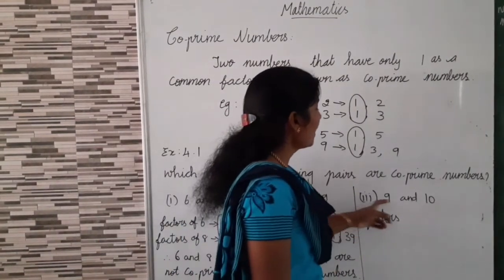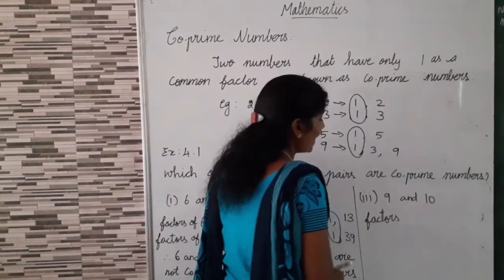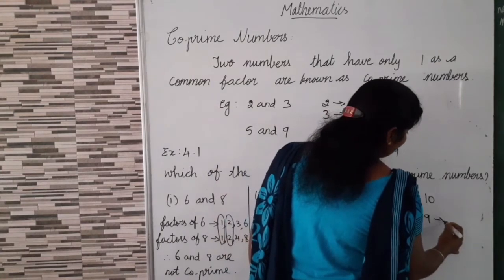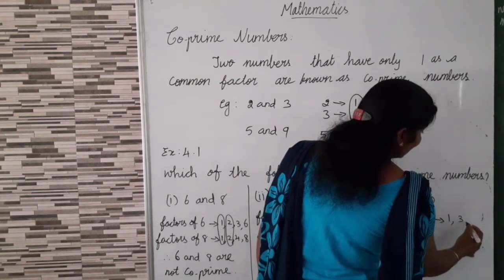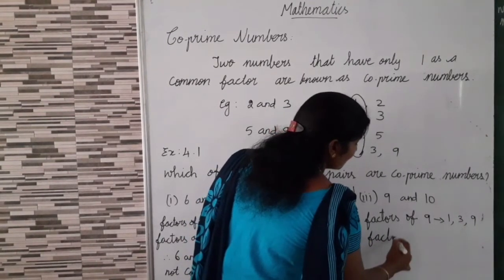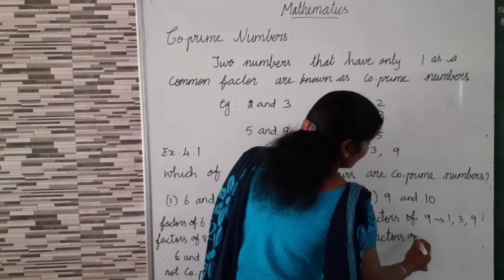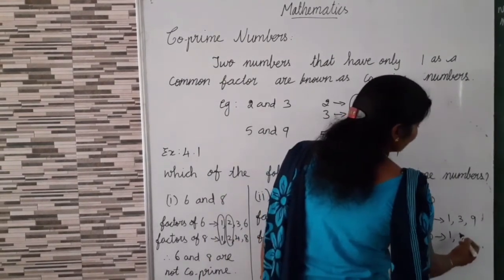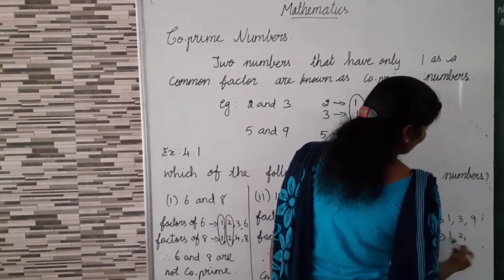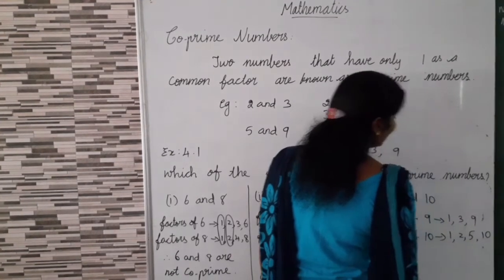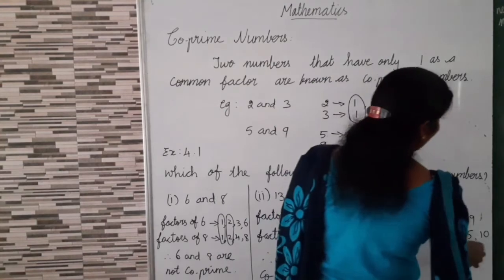Now, the third one, 9 and 10. Factors of 9 are 1, 3 and 9. Factors of 10 are 1, 2, 5 and 10.